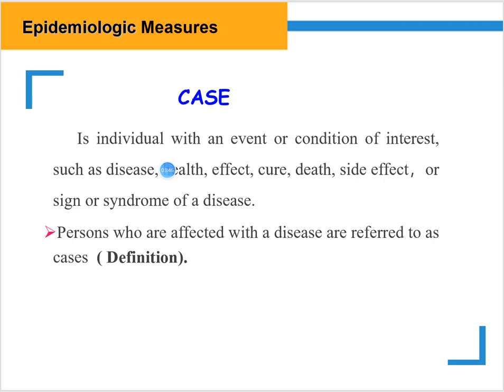Case, an important term in epidemiology, is individual with an event or condition of interest, such as disease, health, effect, cure, death, side effect, or sign or syndrome of a disease. In general, persons who are affected with a disease are referred to as cases.